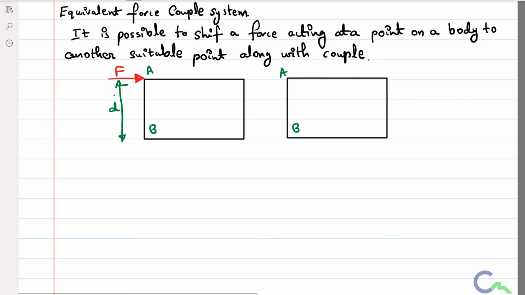So if I shift this force to point B, I have to introduce a couple like this. That is the force F into the distance which I shifted, that is d. This is the couple I have to introduce if I want to shift a force from one point to another point. That is known as the equivalent force couple system.